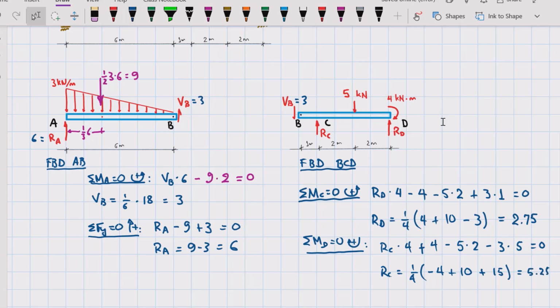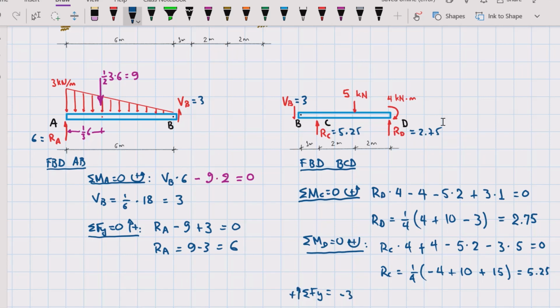5.25. Let's check a summation of forces in the y direction just to check. RC positive, so 5.25, and RD positive, so 2.75. So we have minus 3. I'm going to do positive going up here.